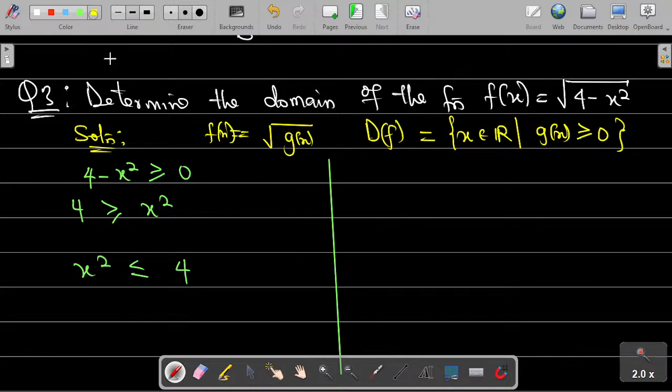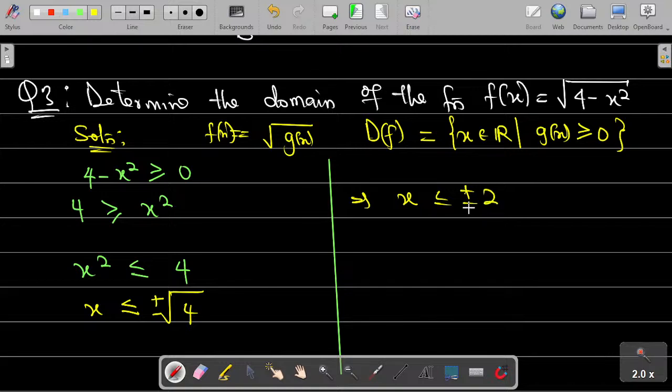Still keep your sign this way, but if this one comes over here, it will become the square root of 4. But remember that square root is always plus or minus, so that means you're going to have that x is less than or equal to plus or minus 2.